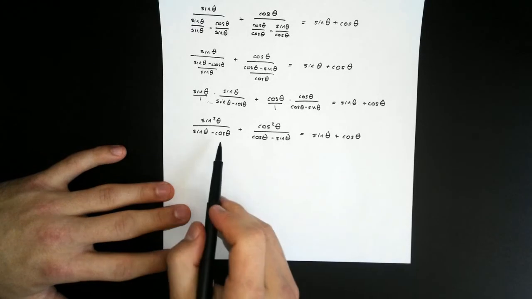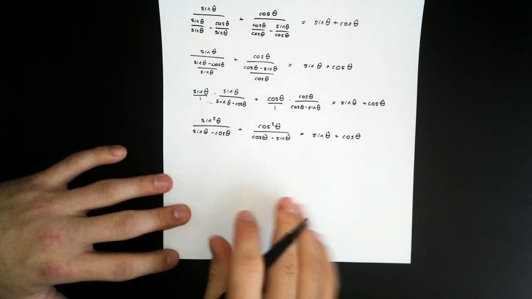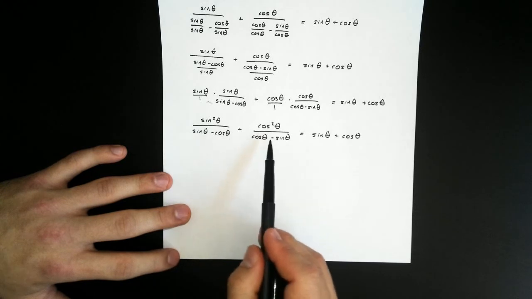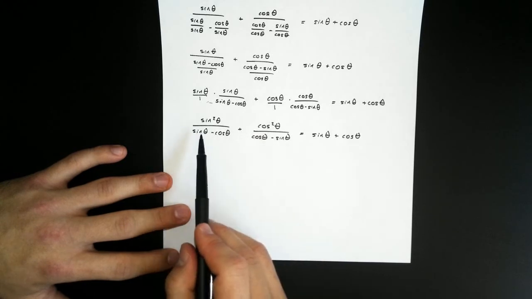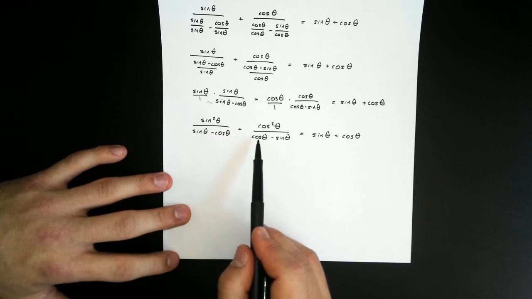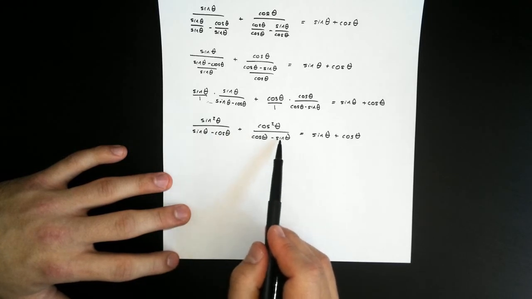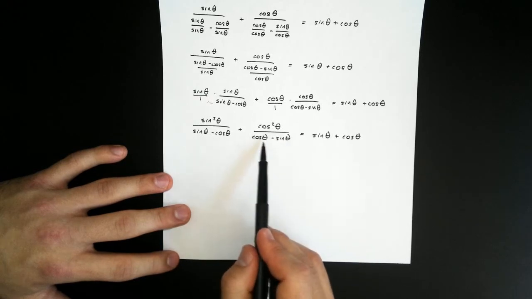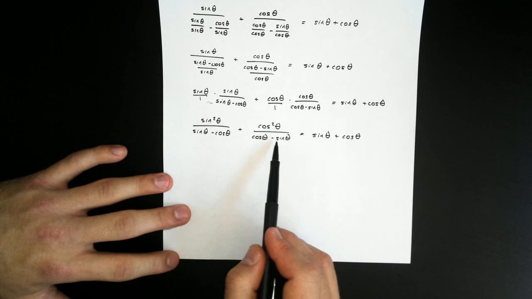Okay. I still want to combine these fractions together, but my denominators don't quite match up. This is positive sine, negative cosine. My second denominator is positive cosine, negative sine. But a really easy way to get these to match is I can just factor out the negative 1 from this second fraction.